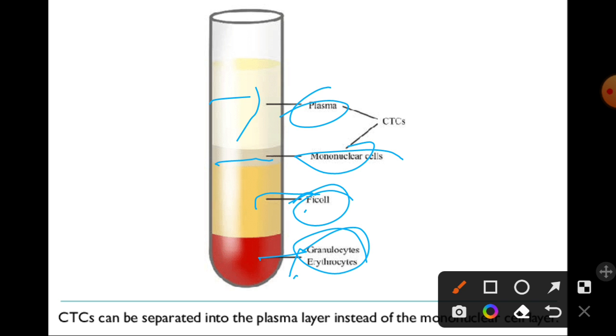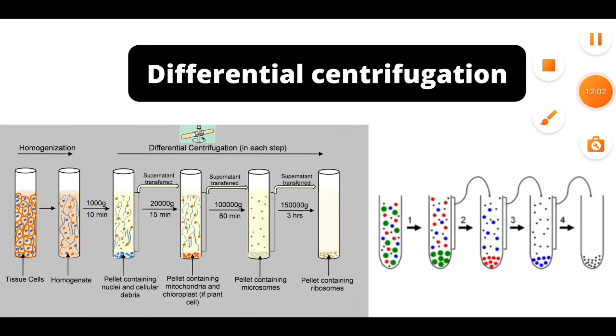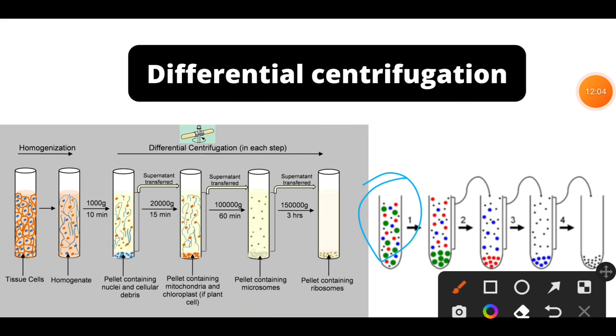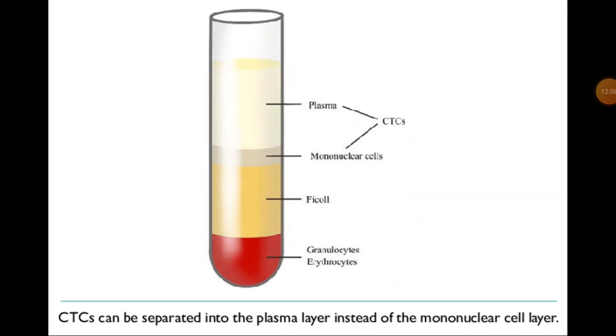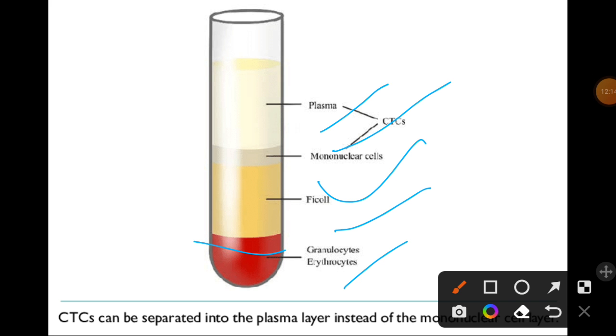You cannot get such kind of environment in differential centrifugation, right? Because before separation all the mixture is uniform, right? But such kind of environment where all the components before the isolation are already separated at distinct bands, you can get only in case of density gradient centrifugation.